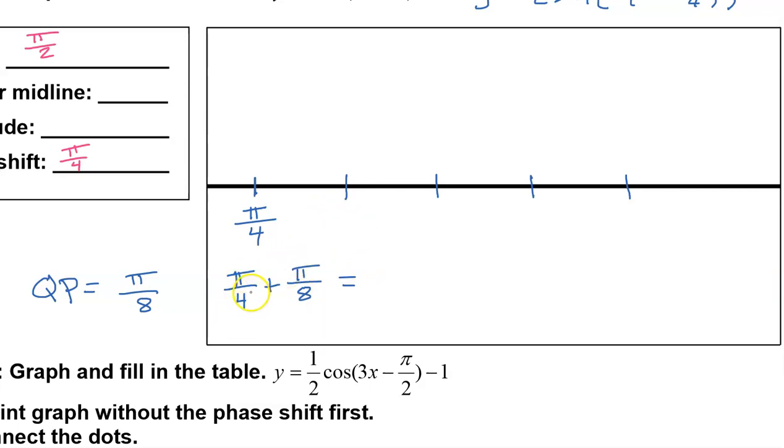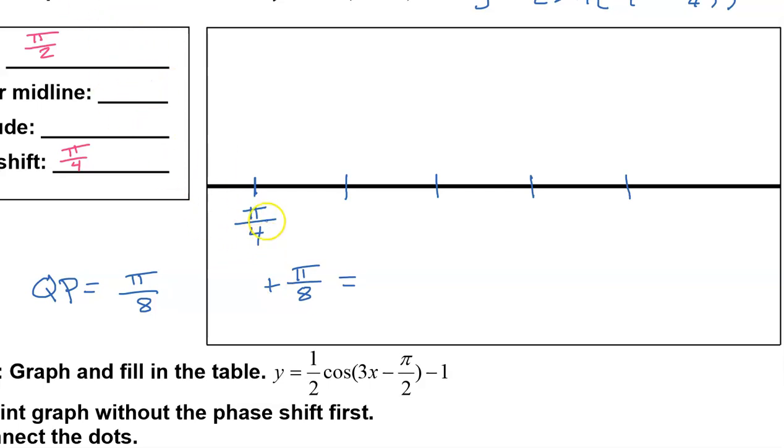But I need like denominators though. So let's see. I could make these both be in terms of 8. So let's go ahead and multiply by 2. So we have like denominators. So this will be 2 pi over 8. And maybe I'll just erase it to make it really clear.